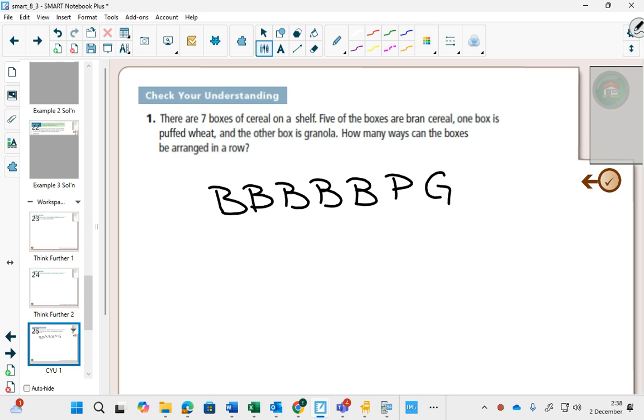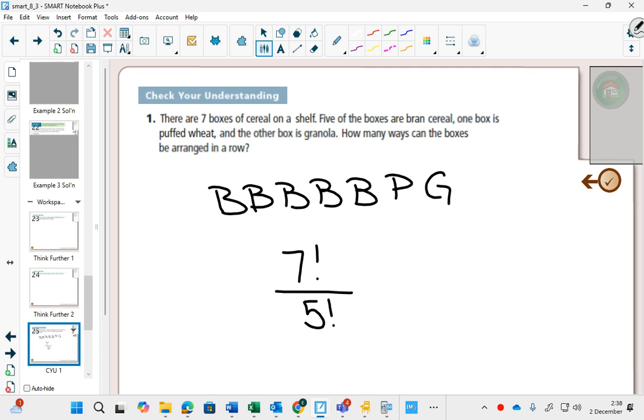So if someone asked, how many ways can you rearrange the letters of BBBBBPG? There would normally be 7 factorial, but because we have identical objects of 5 B's, we would divide by 5 factorial to take out those repetitions that we counted too much.